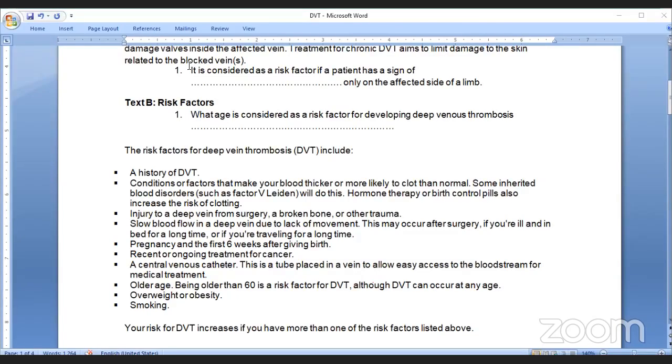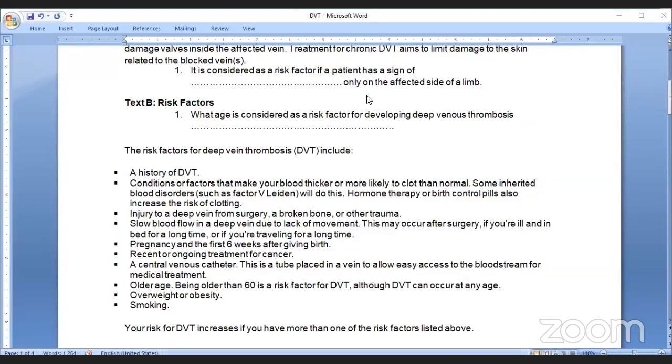What is your answer? Six weeks after birth is the risk factor. Please mute, please mute, please. Okay. Older than 60?